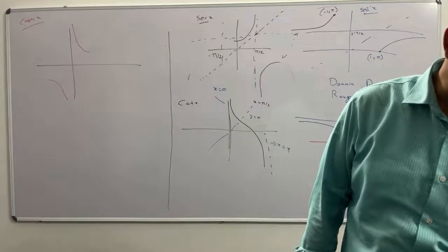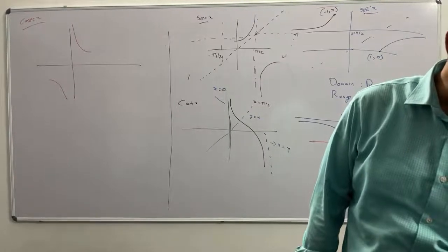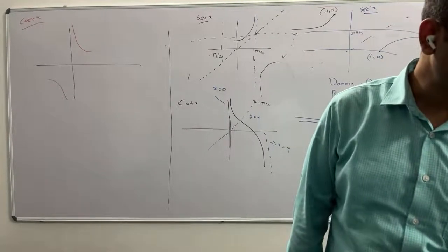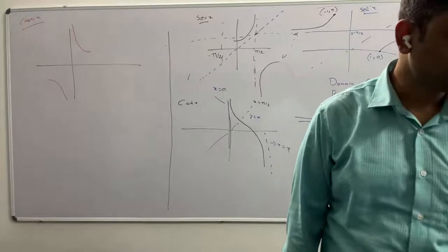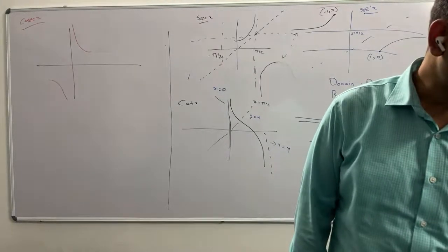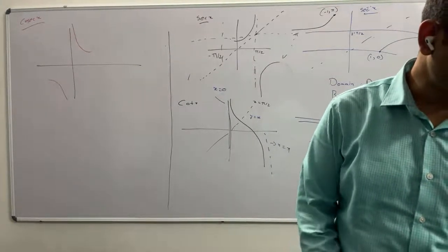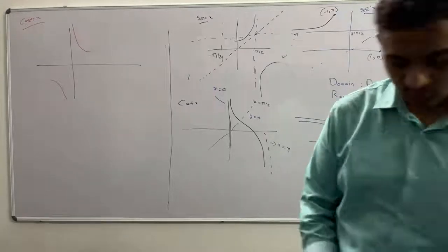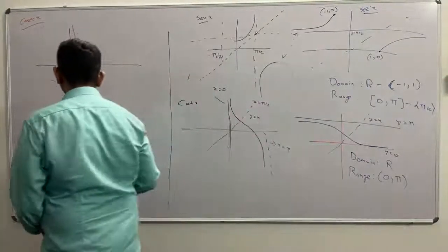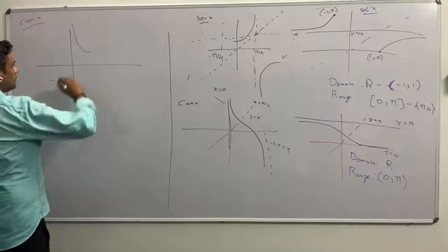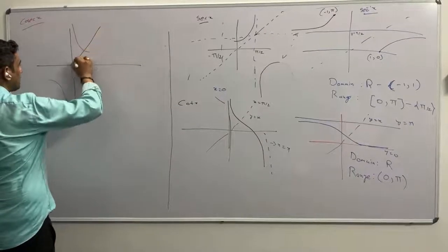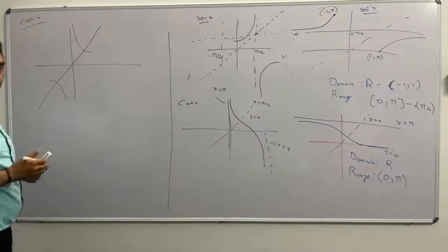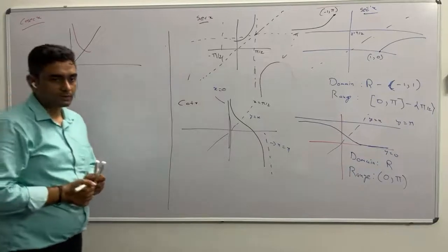Those of you who are attending online, just because you are attending online doesn't mean that you should not reply. I want to hear it from you. Yes, there will be an intersection. If you draw it, it will come out to be like this.